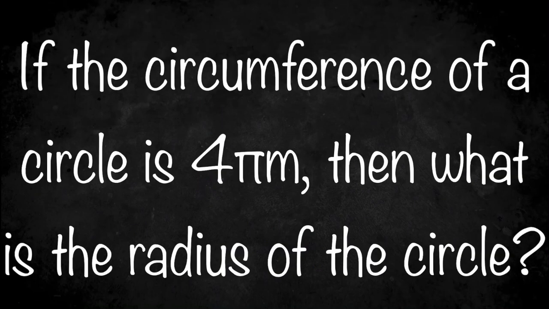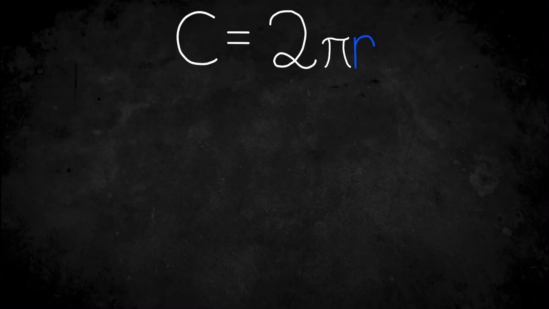Let's try another problem. If the circumference of a circle is 4 pi meters, then what is the radius of the circle? So here we have the formula: the circumference equals 2 pi times the radius. Now we're going to do the inverse operation, and divide both sides of the equation by 2 pi, because the right side is 2 pi times r, right?